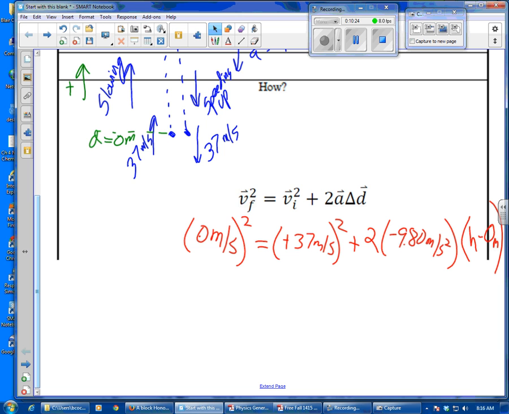And let's see what I get when I rearrange that as h by itself. I get h equals 69.8 meters.